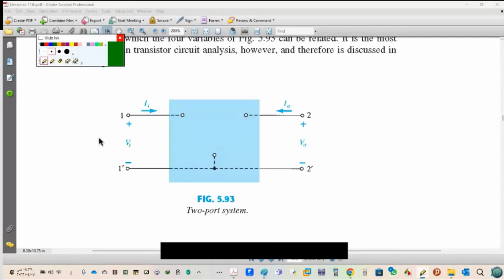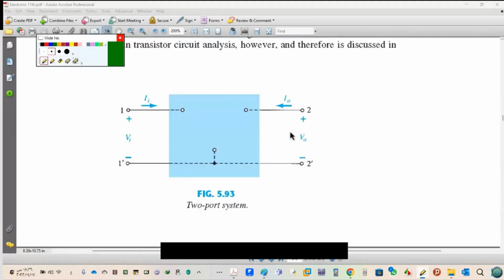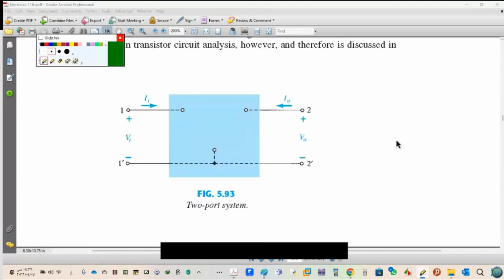If I return back, you have these formulas. First one, Vi is h11 Ii. I'll explain something. For two-port models, we have four models, not one.